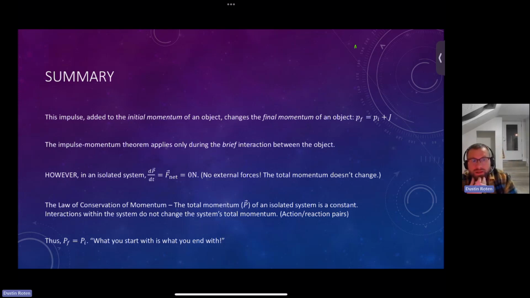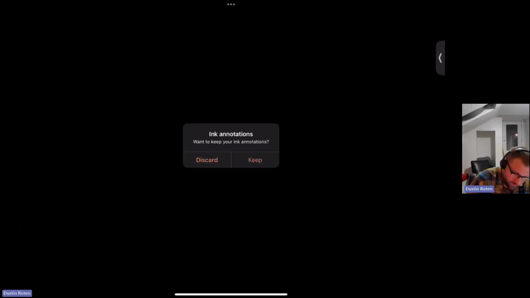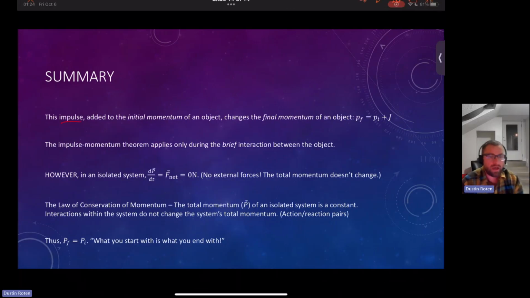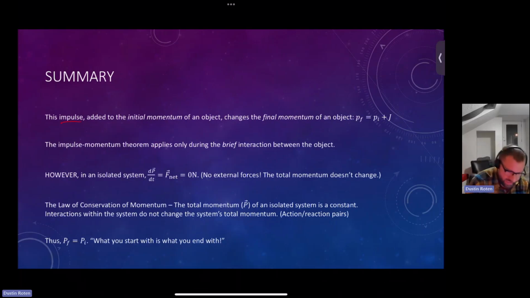So the impulse, which is essentially just added to the initial momentum of an object, that's what gives you or changes the momentum to the final momentum of an object.